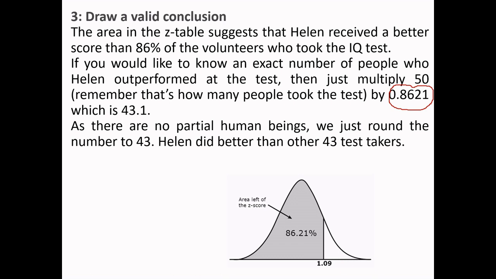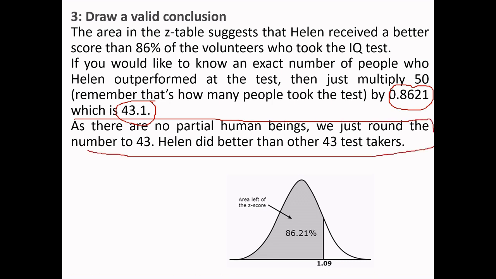So if you would like to know the exact number of people whom Helen outperformed at the test, then just multiply 50 by 0.8621, which results in 43.1. So as there are no partial human beings, we just round the number to 43. Helen did better than other 43 test takers.